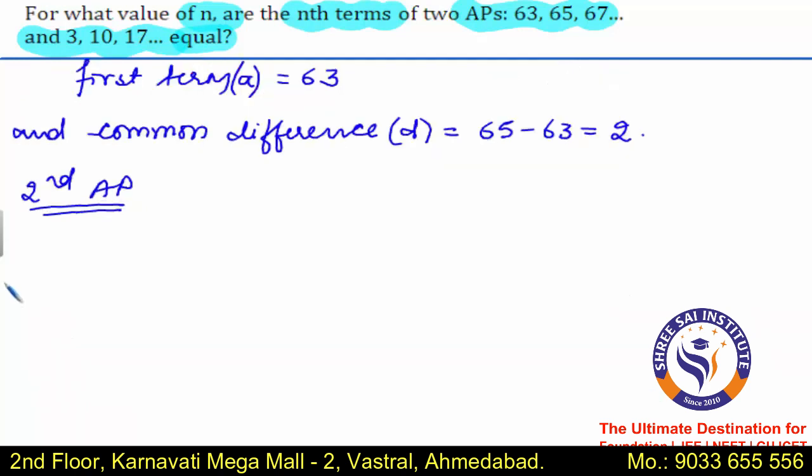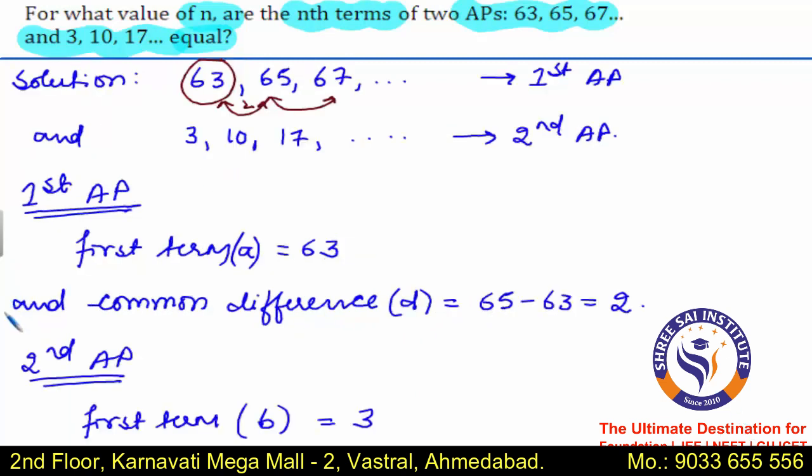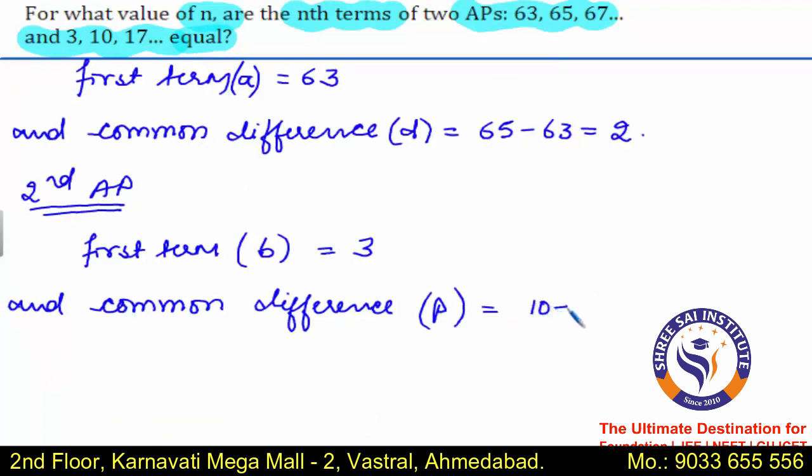The first term for the second AP is 3, denoting it by small b, and the common difference, denoting it by p, is given by, again, subtracting any term from its succeeding term, that is 10 minus 3 is equal to 7.